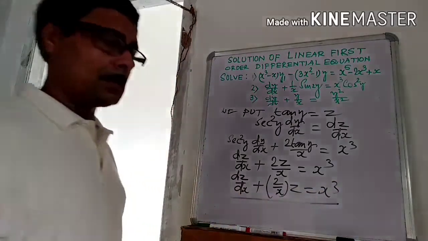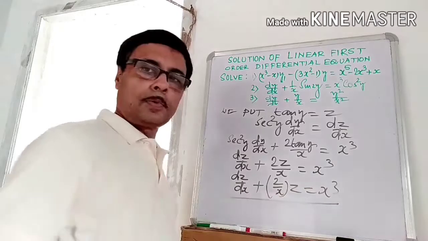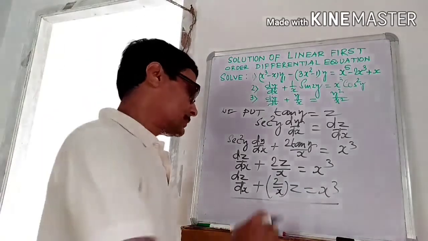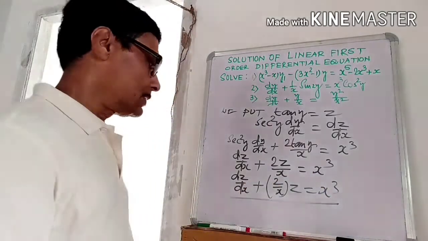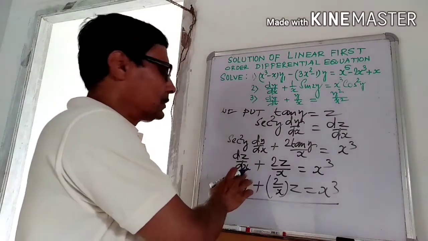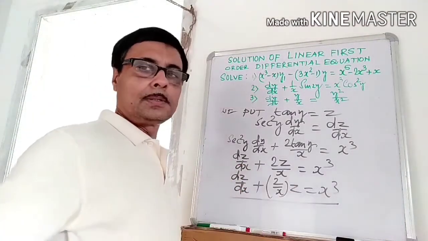Now this is in the linear form of first order differential equation. Here dependent variable is z, independent variable is x.